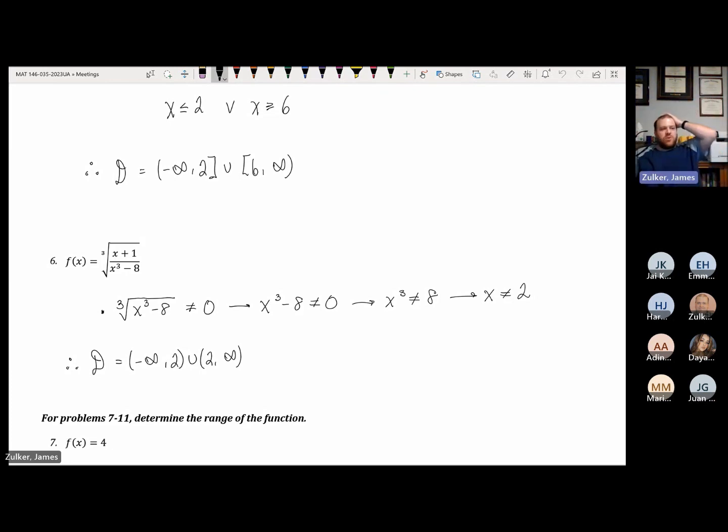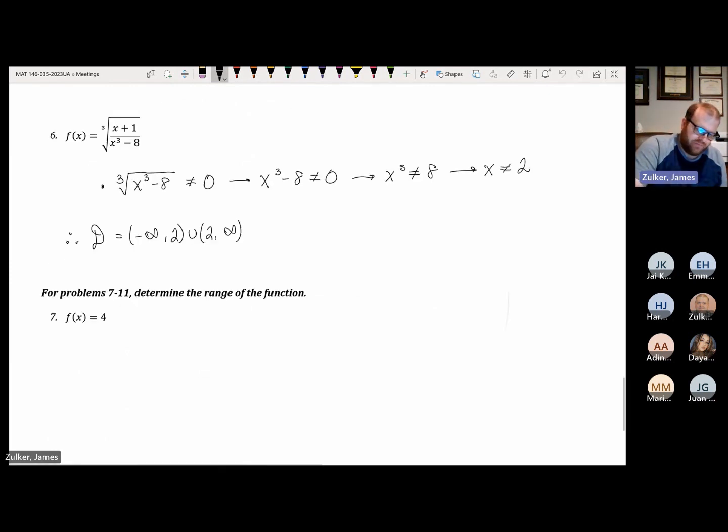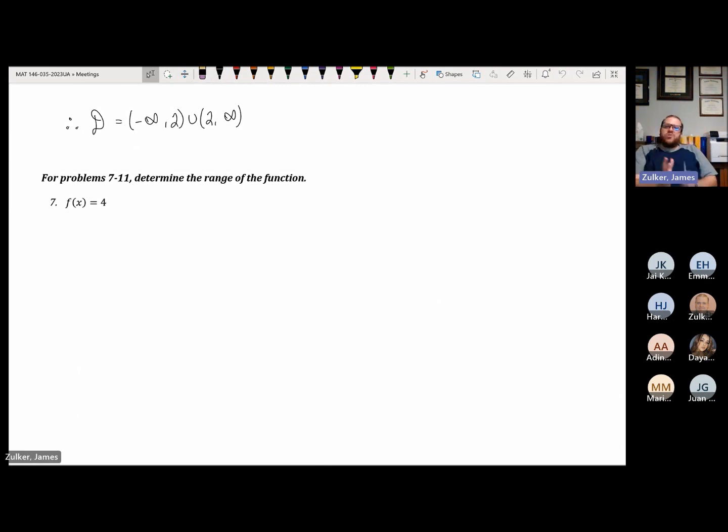So for 7 through 11, we are going to determine the range of the function. Now remember, range is the set of all values that the function gives us. Well, f of x equals 4. There's only one value it gives us. The range is the set {4}.